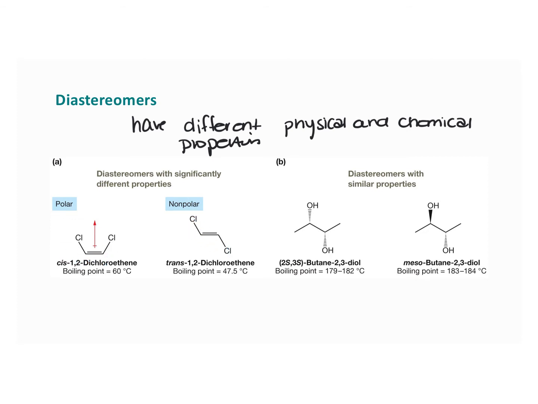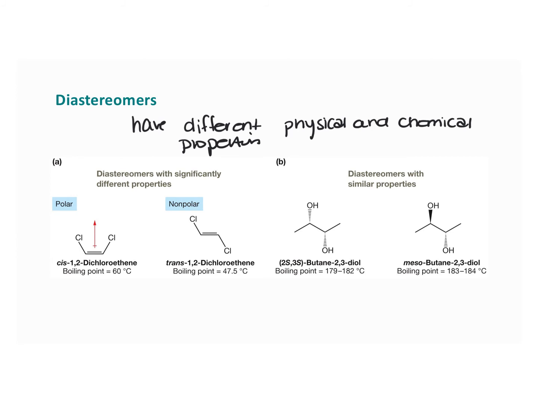So if you wanted to separate out these two molecules, you could maybe use different solvents, right? One that's polar or one that's nonpolar, and really depend on their solubility. And you can see the difference here with their boiling points, but not all diastereomers are going to have dramatically different boiling points or dramatically different physical and chemical properties.